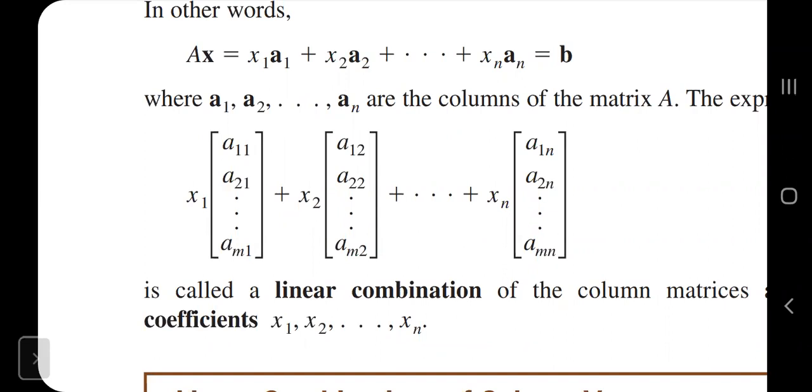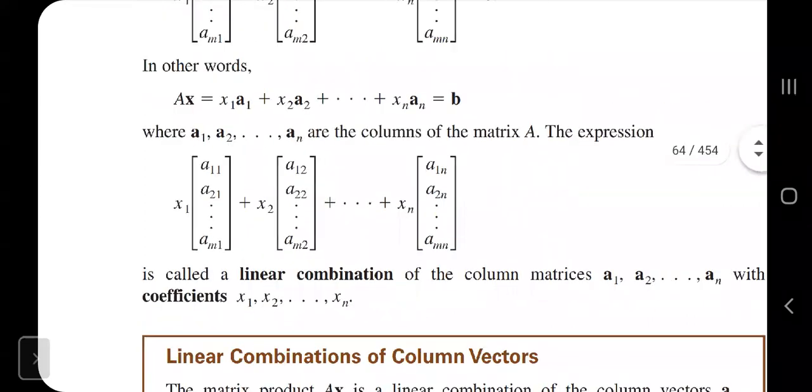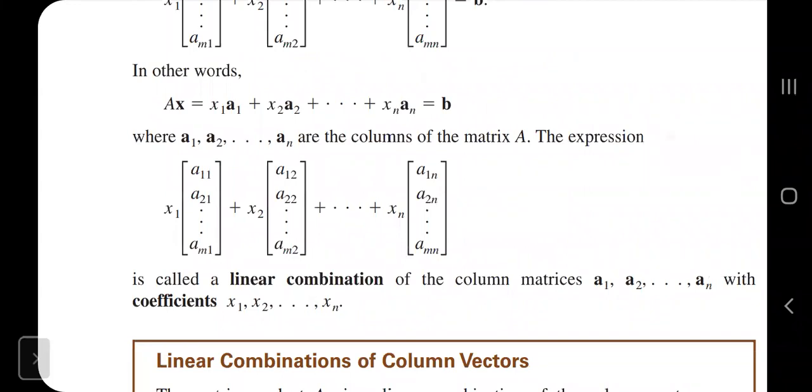What we have here is a word we're going to be seeing a lot: linear combination. We've expressed this matrix product as a linear combination of the column matrices, where A1 represents column 1, A2 represents column 2, and so forth, with the coefficients x1, x2, and so on.